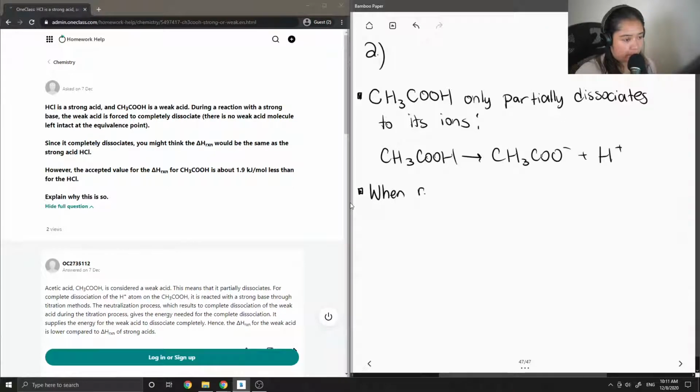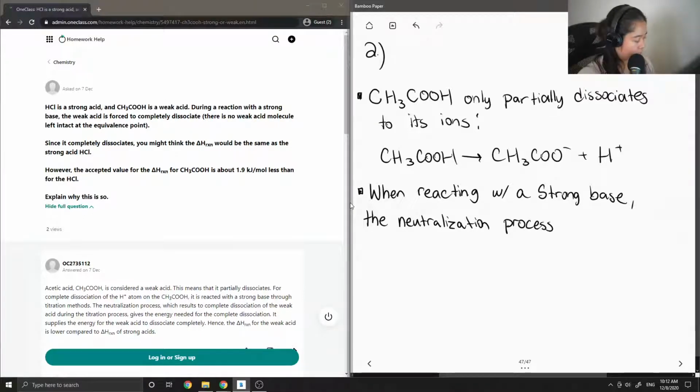So when reacting with a strong base, the neutralization process actually gives the energy needed for complete dissociation.